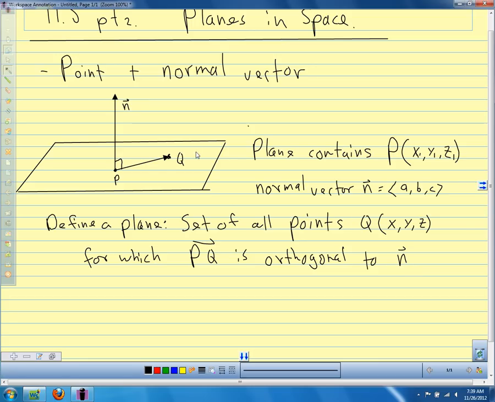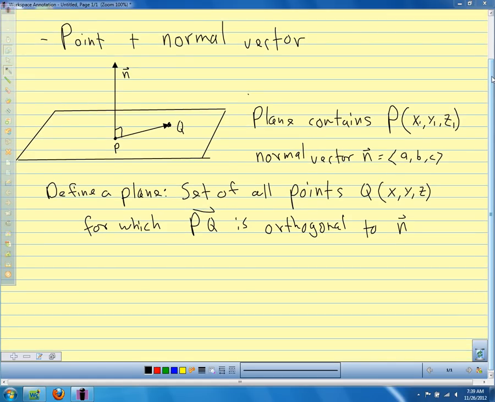If we go anywhere on our plane and make this vector PQ, because n is the normal vector of the plane, it's going to be orthogonal to any vector in the plane. This is going to give us the tools that we need to write the equation and analyze our plane.